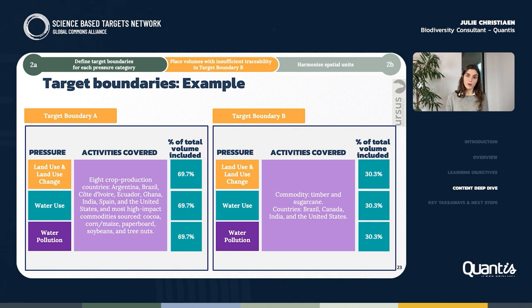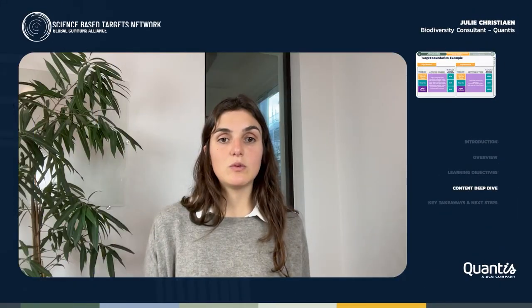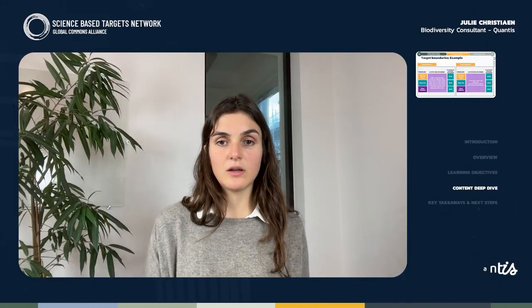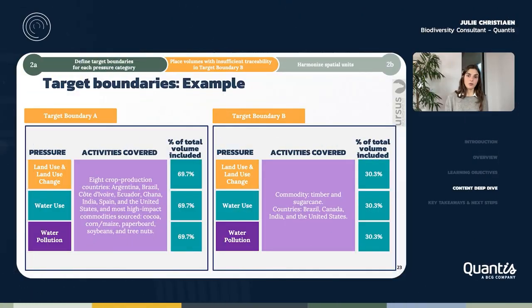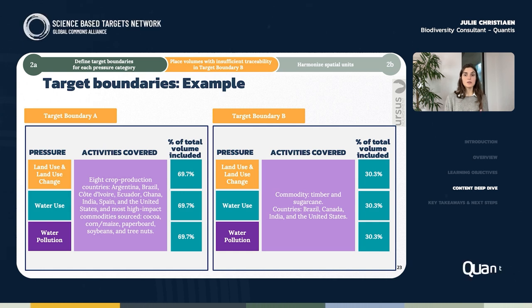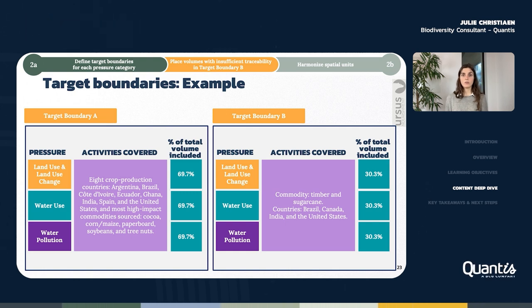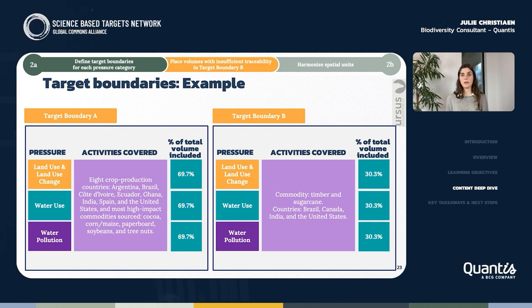For upstream operations, any activity without subnational level data, such as the timber or the sugarcane purchases in Usus' case, would be placed in target boundary B. Because the Usus team was not able to confirm the sourcing location for its timber and sugarcane purchases during the timeframe of the assessment, it marked those volumes and estimated locations within its target boundary B.